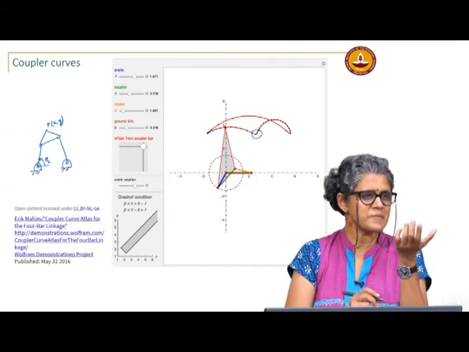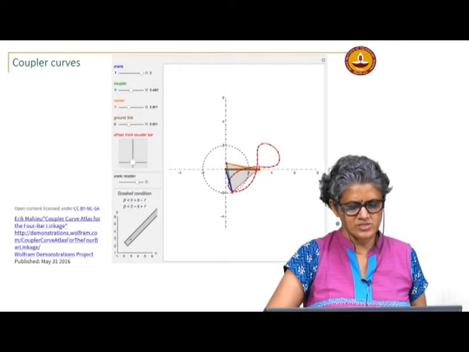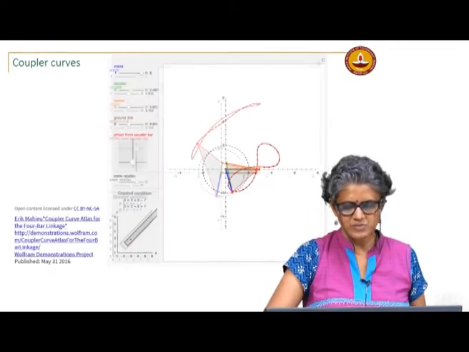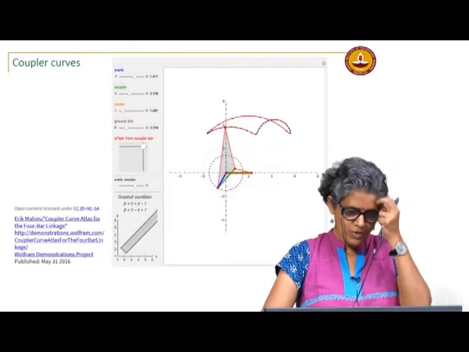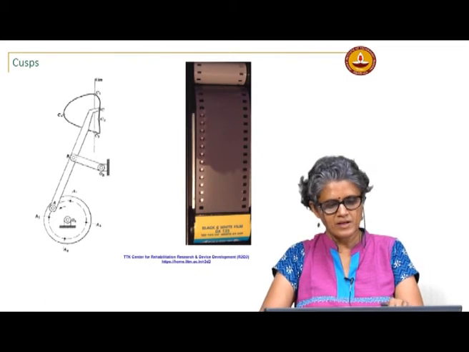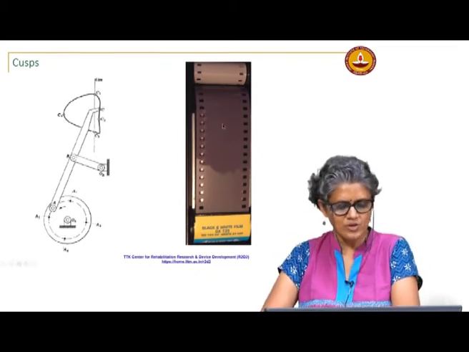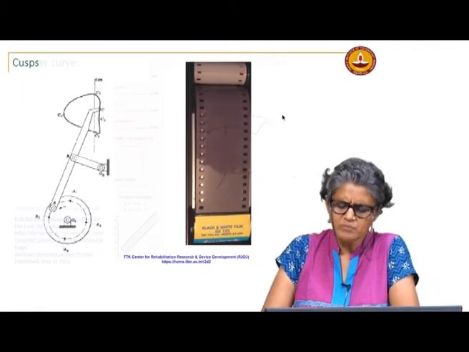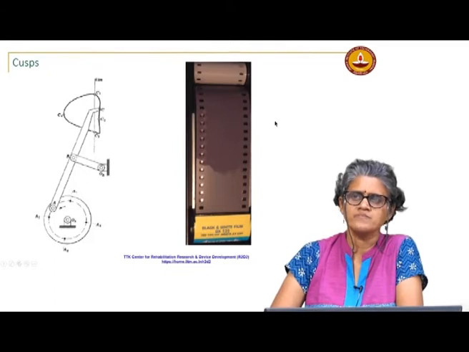It really depends. Here also, for instance, it just enters. In the case of the film strip, you are only using the lower portion as the cusp. So, you are only using one. A pure cusp in terms of the definition, there should be only one for a coupler curve.